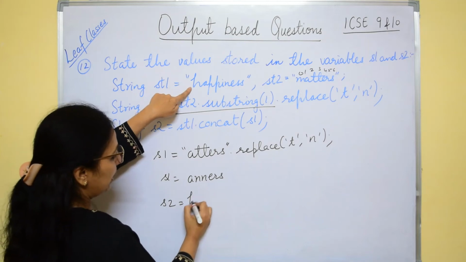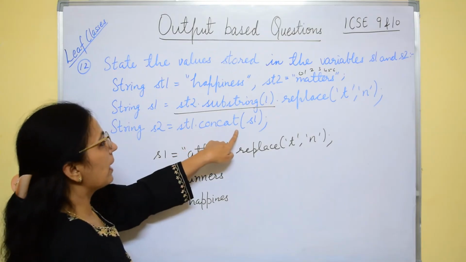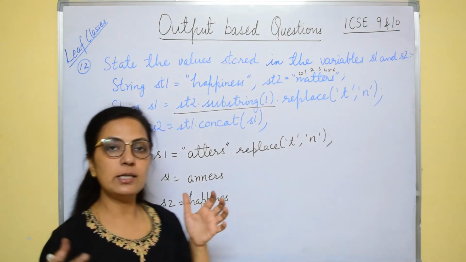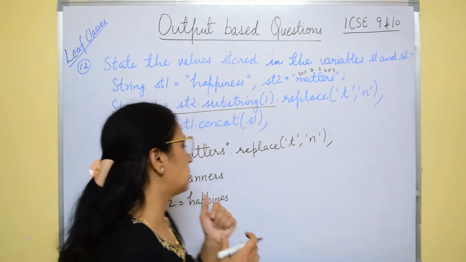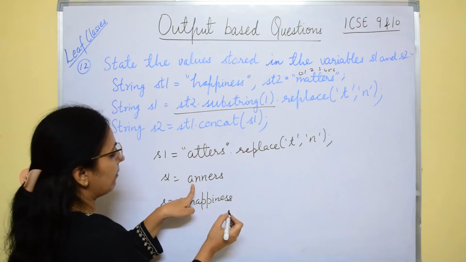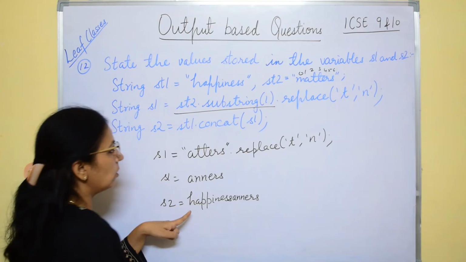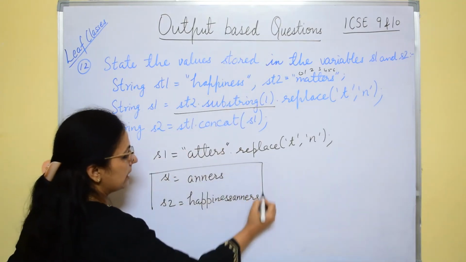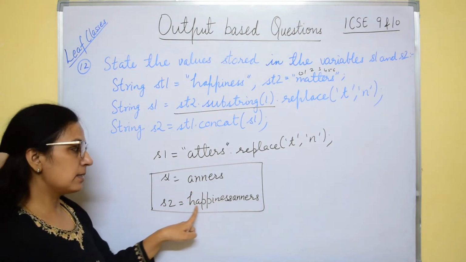ST1 is happiness, happiness dot concat of S1. S1 is this. The concat function joins two strings. It is used for merging, for joining two strings. So happiness and S1. The value of S1 is ANNERS. So you have to give the values of S1 and S2. So this is your answer. S1 is ANNERS and S2 is this string.